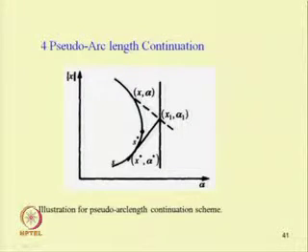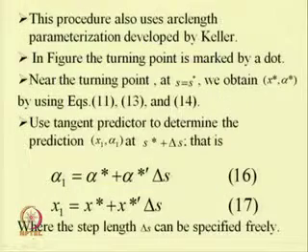Let us say we have this saddle node bifurcation point denoted by a star. Using this arc length technique, one can find the predictor point and then correct it, and let us see this pseudo arc length continuation, in which we have to overcome this turning point.